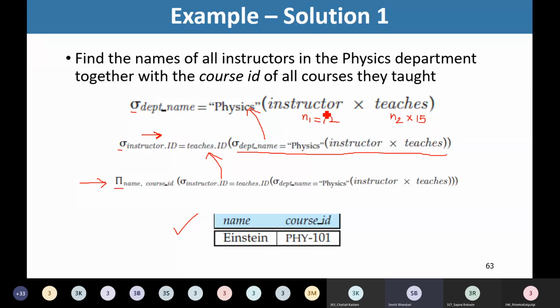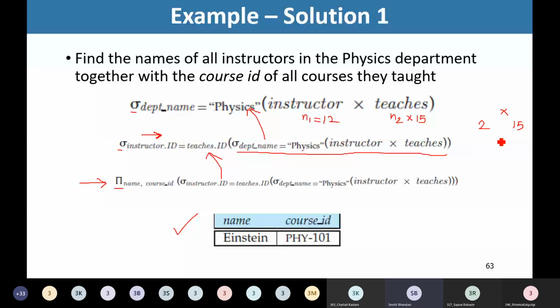First, I extract the instructors who belong to the physics department. In our instance, we have only 2 such instructors, so the first relation has only 2 tuples, and then we take the cross product with teachers, which has 15 tuples.